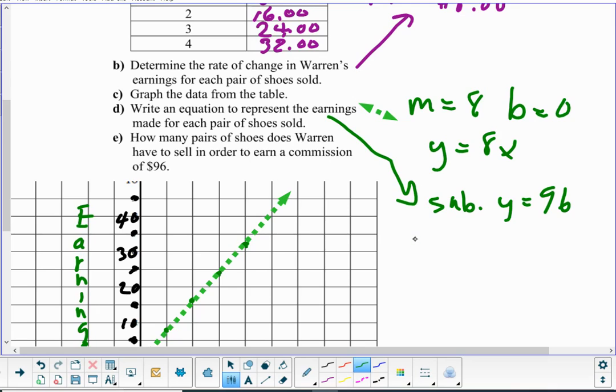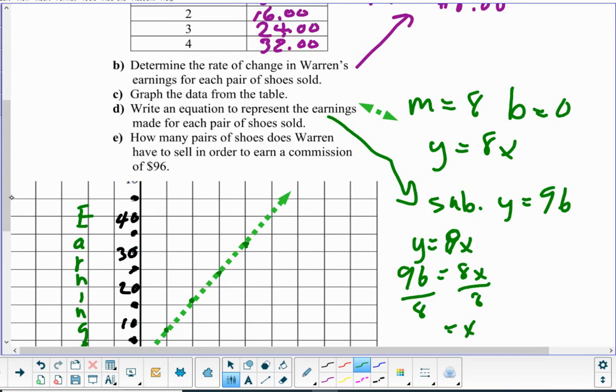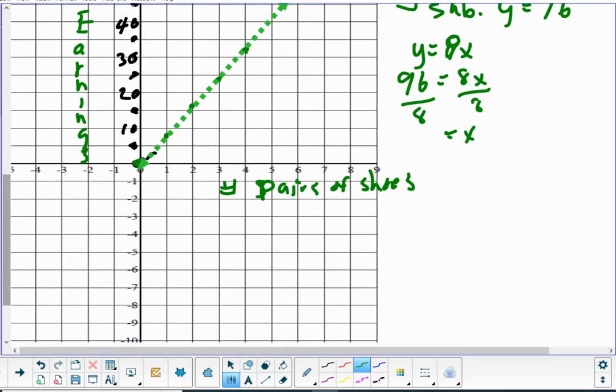So y equals 8x, 96 equals 8x. Divide both sides by 8. X equals, what does that give? Like 12 maybe, guys? Okay. 12 pairs.